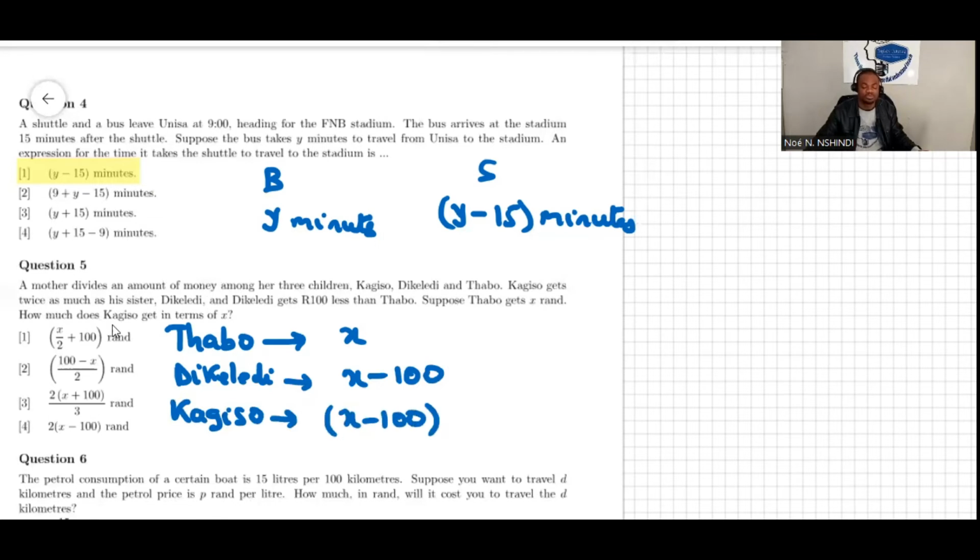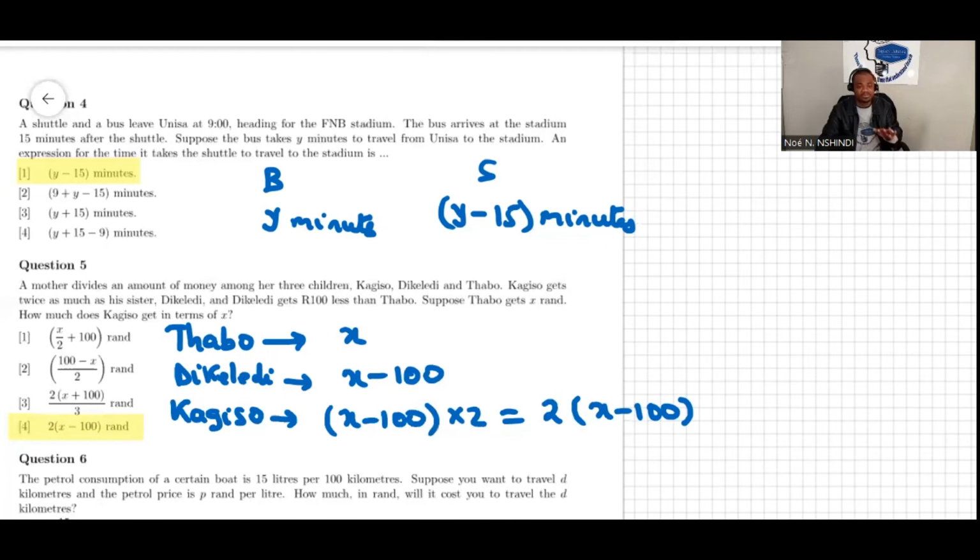Twice means times 2, or double, so we write 2 open bracket X minus 100. This is what Kagiso gets in terms of X: 2 open bracket X minus 100 close bracket rand, which is alternative 4.